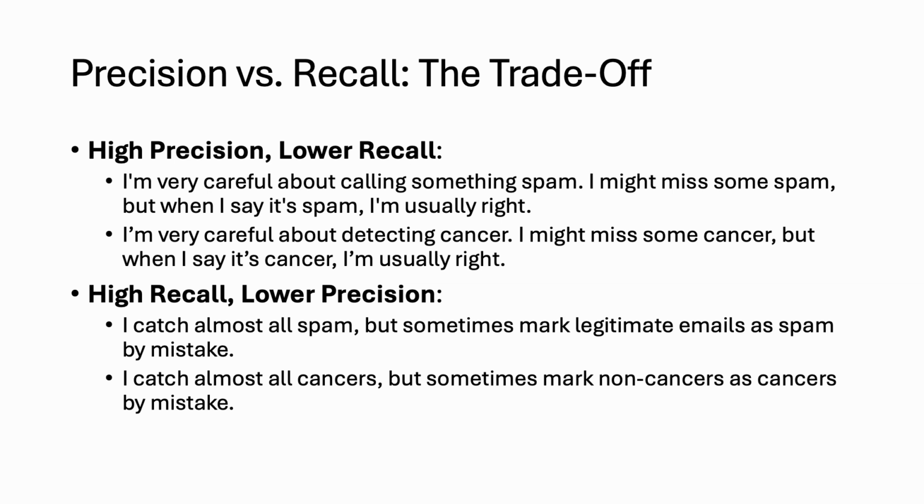But in the case of spam and non-spam classification, I might miss some spam email, I might mistake some spam email as non-spam. It is quite okay in this case. So in this case, we will prefer high precision over recall.